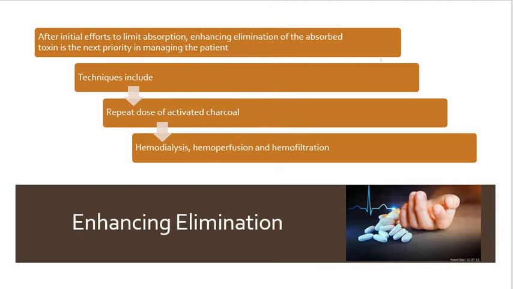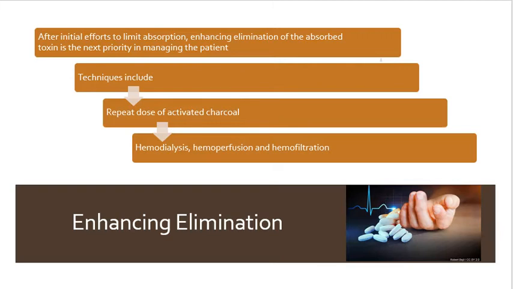Hemoperfusion is similar to hemodialysis, but it binds toxins as blood moves across a charcoal or a resin filter rather than the traditional hemodialysis filter and dialysate. Hemoperfusion achieves greater clearance rates from hemodialysis and is particularly effective for severe cases of poisoning.